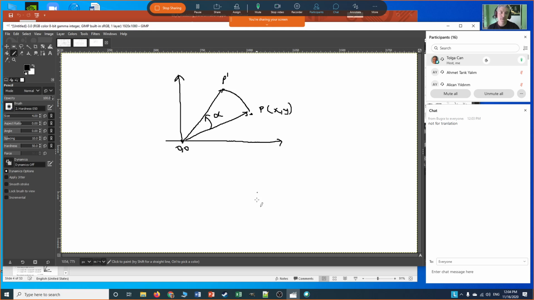And in rotation, the positive rotation angle is always counterclockwise. It's like we follow the right-hand rule. If this is the x-axis, if this is the y-axis, the positive z-axis is towards you. So the rotation is around the positive z-axis, and your four fingers show the positive angle of rotation.